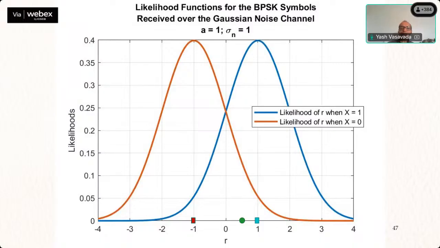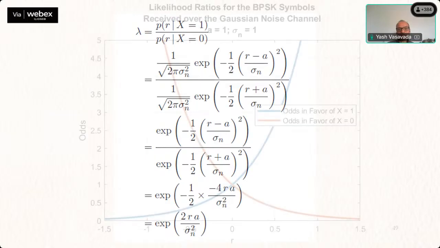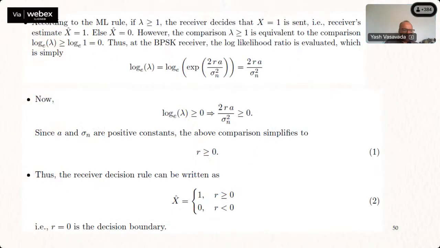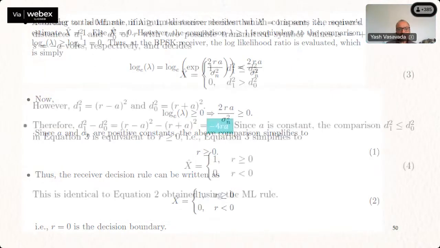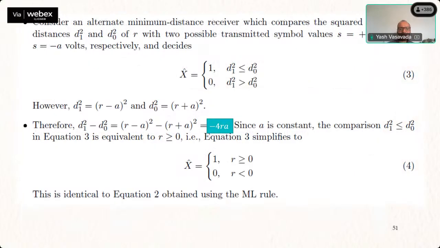That does not require us to use any of this Bayesian rule. All we do is calculate the distances and minimize them, and they give exactly the same answer as the optimal maximum likelihood technique.